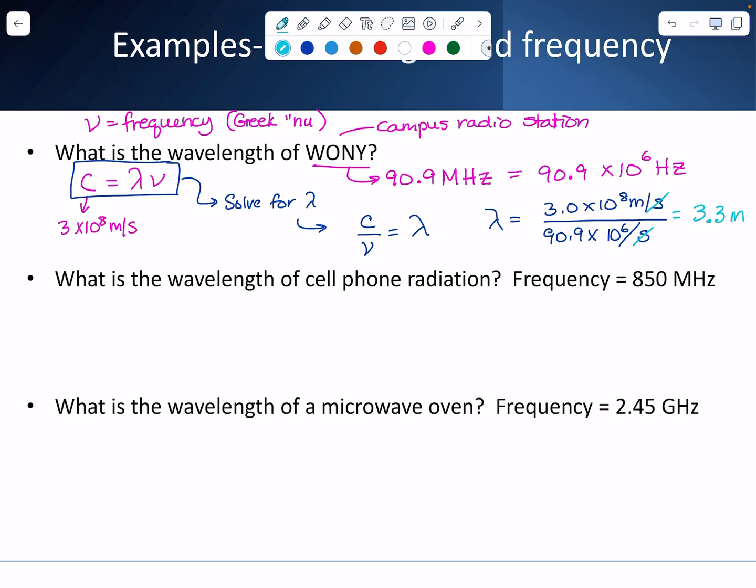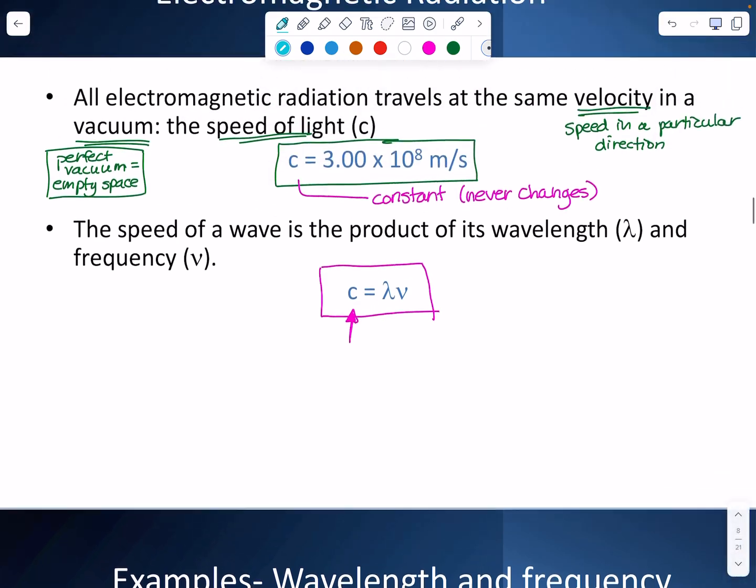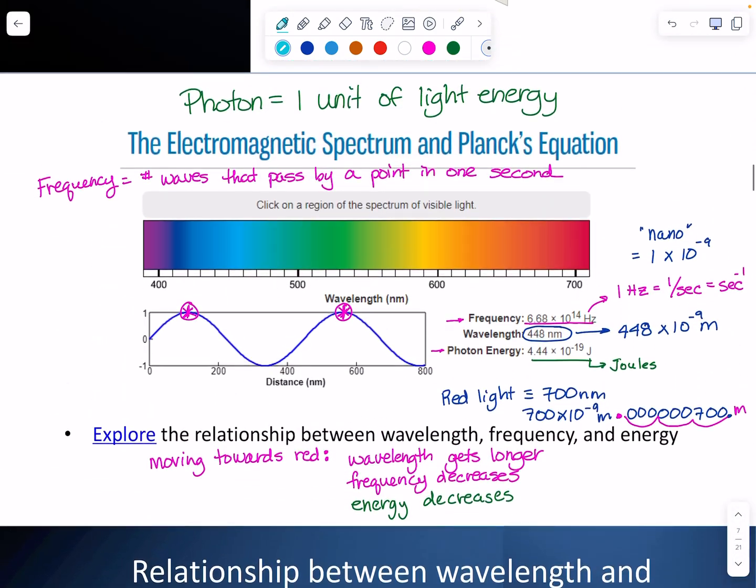Let's go back to our rainbow visible spectrum and put WONY on this scale. Is it going to be on the right, beyond the red, or on the left, beyond the purple?